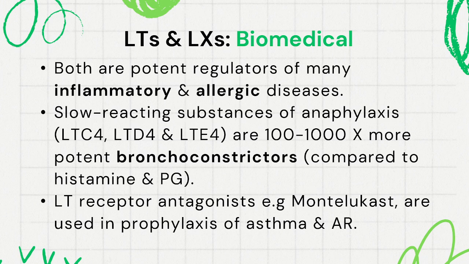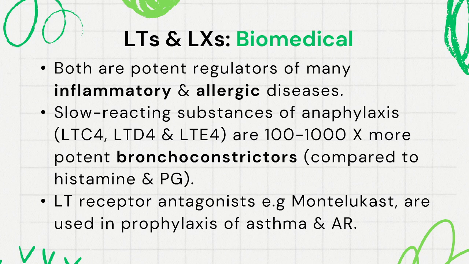They used to be called slow-reacting substances of anaphylaxis, particularly leukotrienes C4, D4, and E4. They are very potent inflammatory molecules. In fact, they can be 100 up to 1,000 times more potent bronchoconstrictors compared to histamine and prostaglandins.